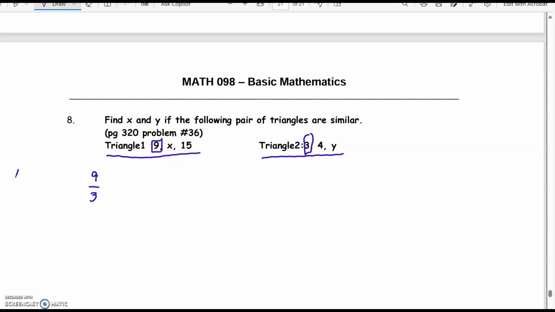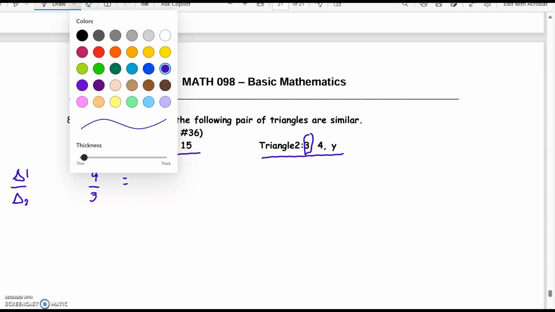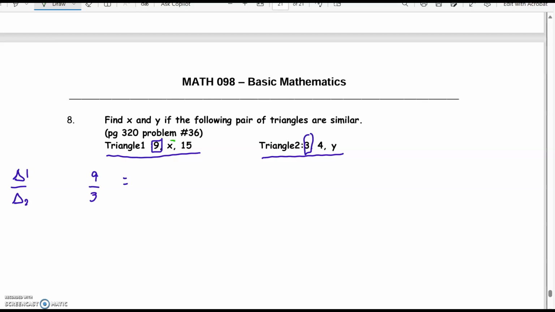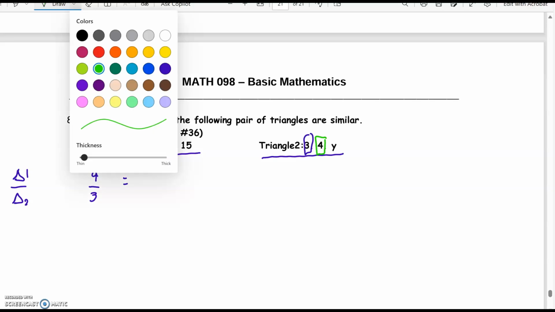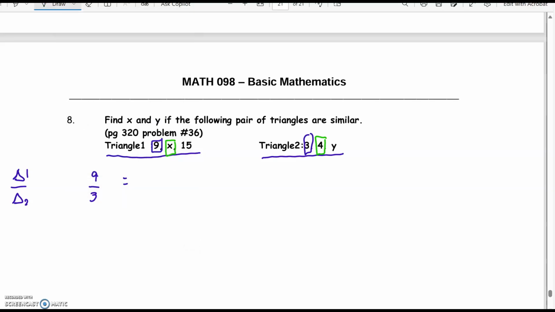So I'm putting triangle 1 over triangle 2, and I follow the exact same order, is equal to the next corresponding side. Let's just mark it in green, the x and the 4. So smaller triangle over the larger triangle.